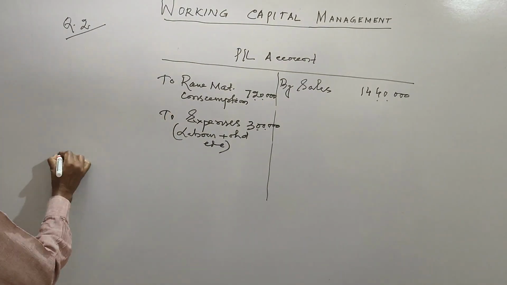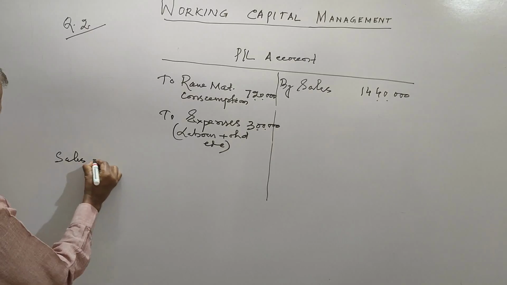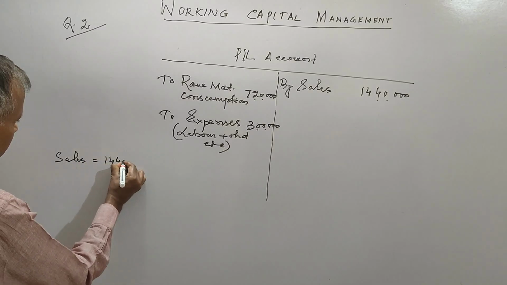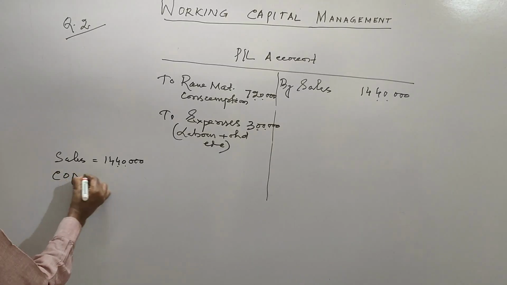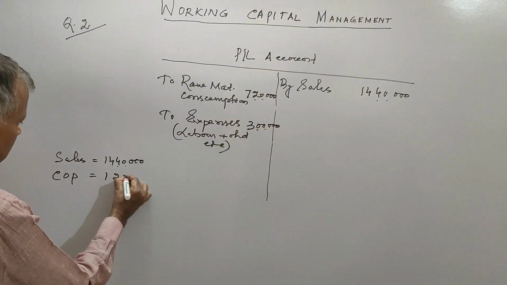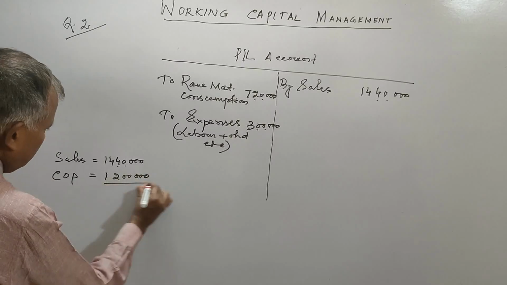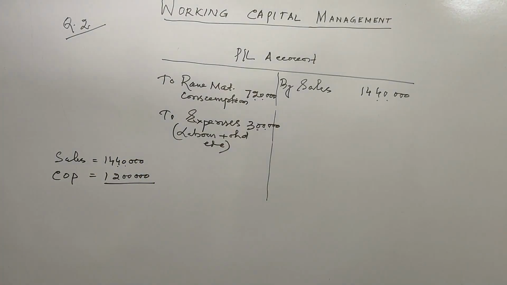Friends, the sales is 14,40,000 and cost of production 12 lakh. These two figures are given in the question.